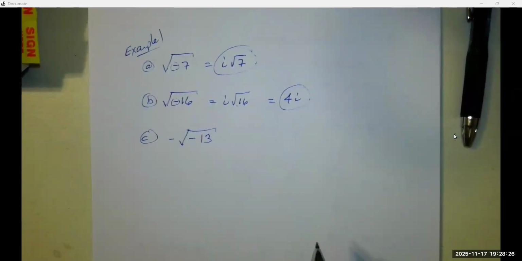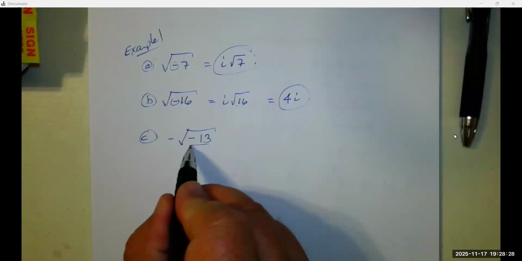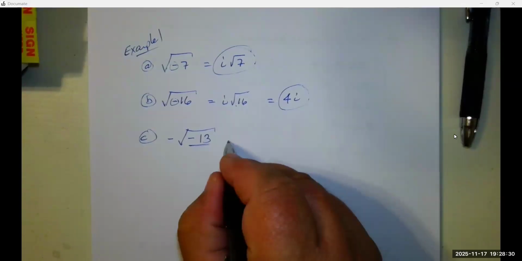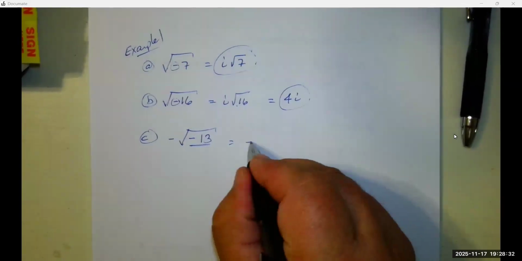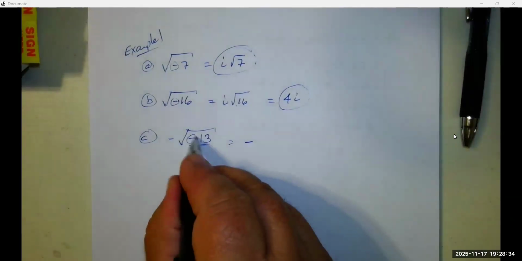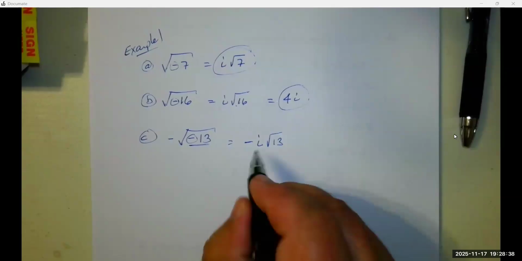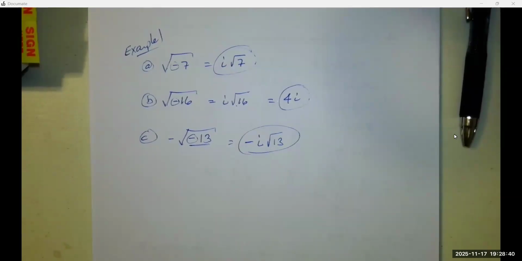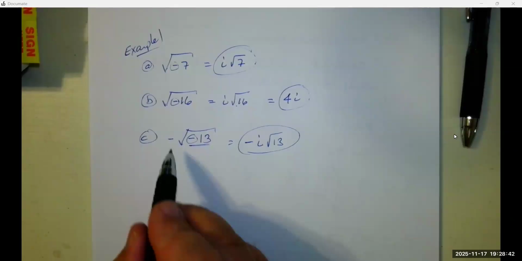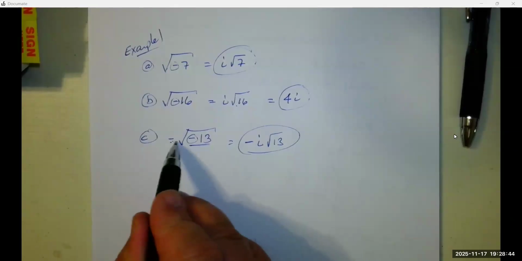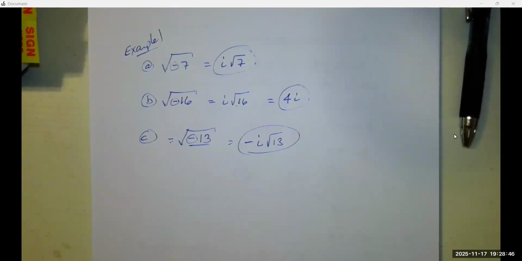Order of operations. We have to do inside the special operation first. So the negative stays out there. This negative becomes an i, square root of 13. That's as far as we can go. So if the negative's out in front, it doesn't cancel inside there. You cannot distribute that.